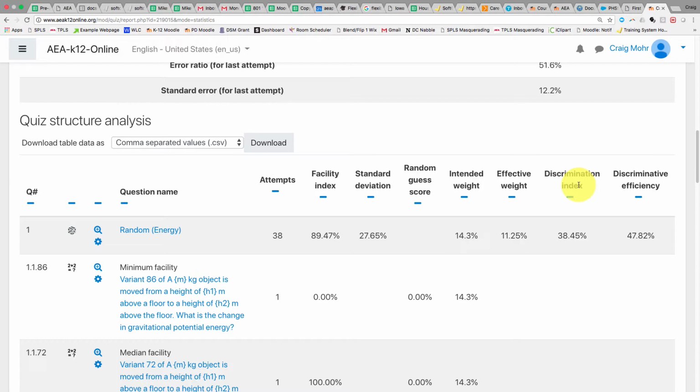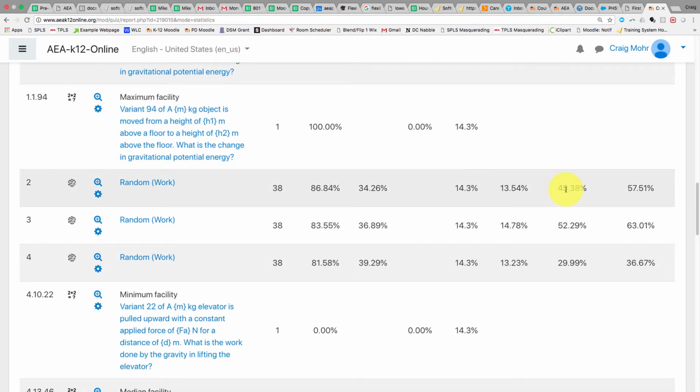If a student gets a perfect, each of those questions is discriminating well because they're getting all of them right. So then that would improve its discrimination index. If a student gets all of them wrong, the discrimination index also goes up for each question because each question is discriminating that they don't know it and it's doing it well. So we can look at the discrimination index.